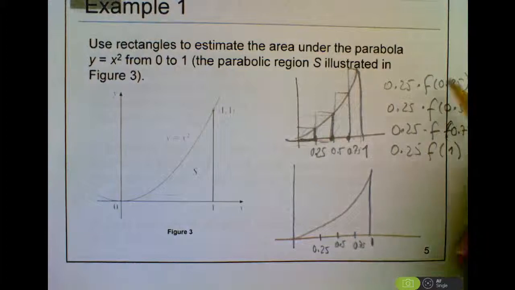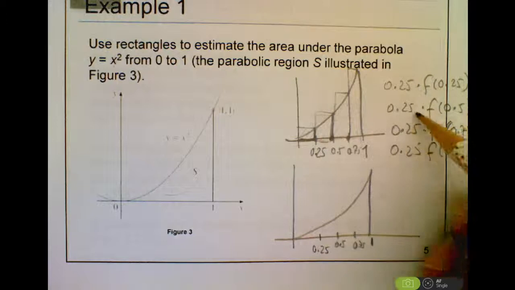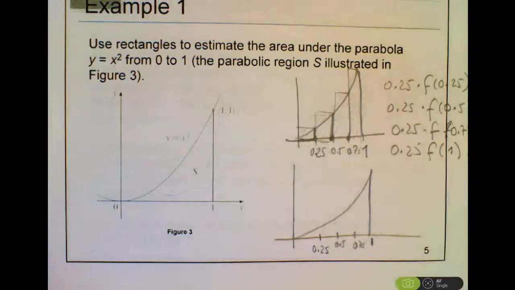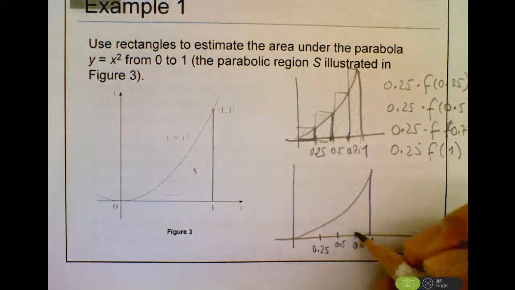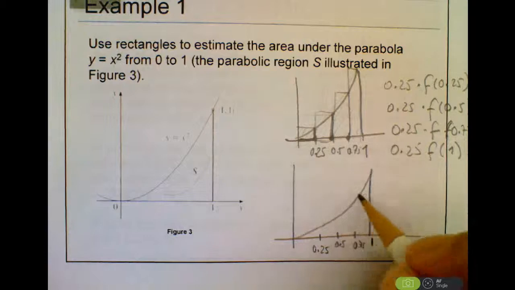Now remember that f is x squared, so it would be 0.25 times 0.25 squared plus 0.25 times 0.5 squared, and so on. I'm going to find this numerical value now.